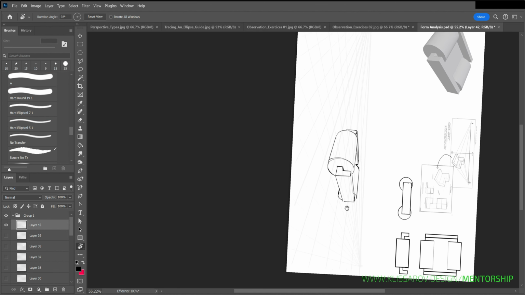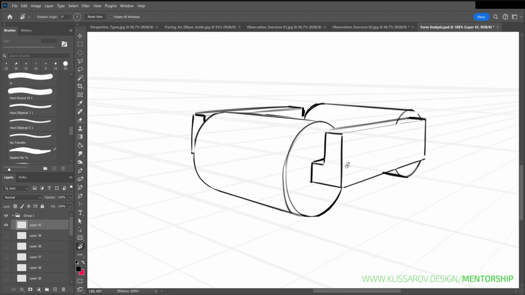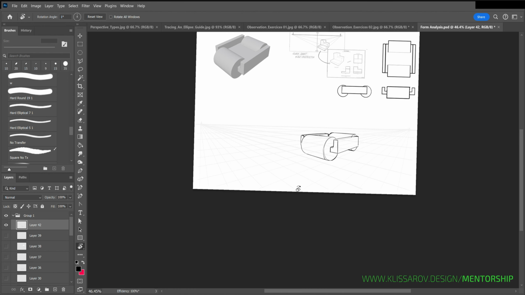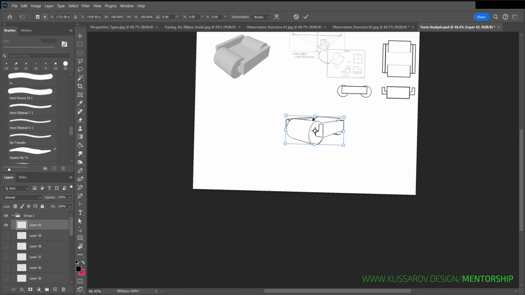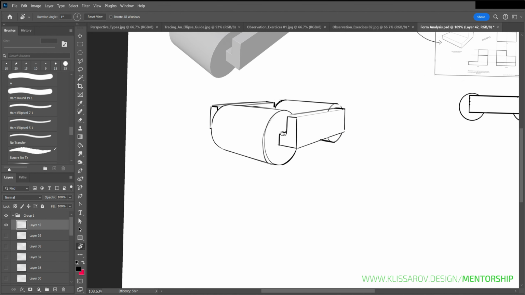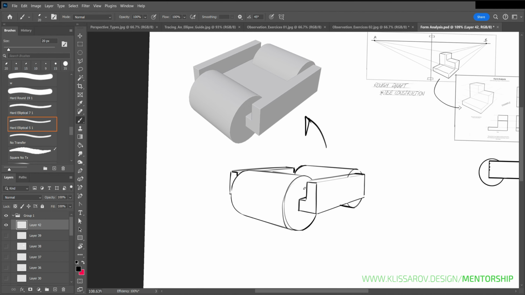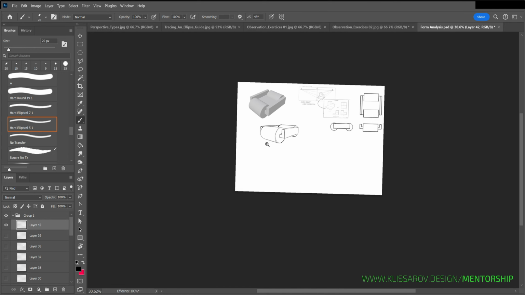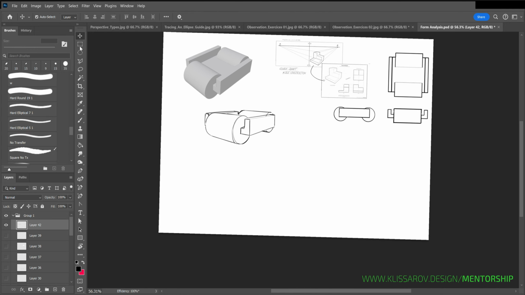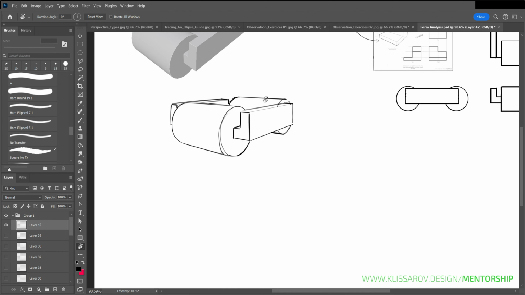Okay, and I'm going to show you one last thing here related to line weight. You can see this shape here, if I remove the grid. We could imagine that they're linked, and then what we could do, very simple, for the final presentation page, is take this as a shape.